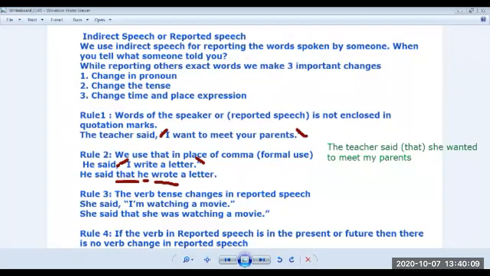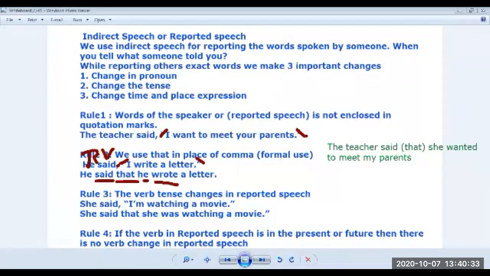Now, why did it change? Why did we have to change the tense of the verb over here? Because our reported verb is in the past. If the reported verb is in the past, you need to change this into past. From write, it will become wrote. But if the reported verb is in the present or future, we don't change the verb.